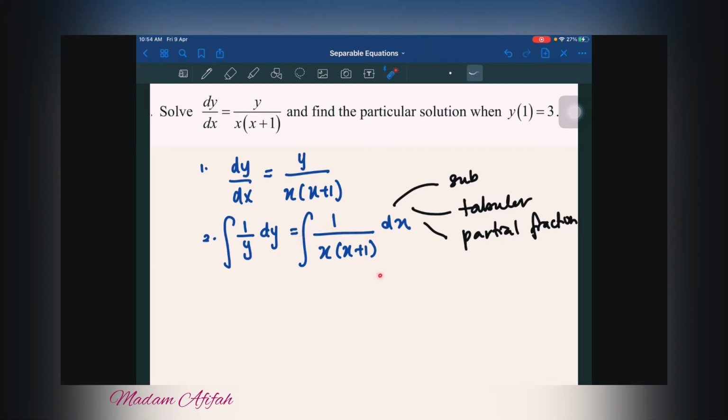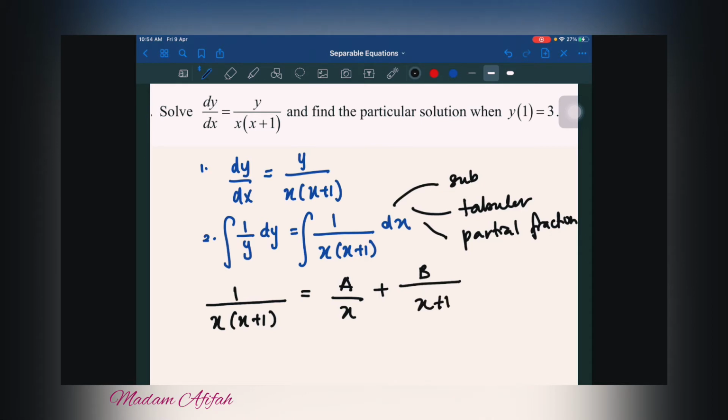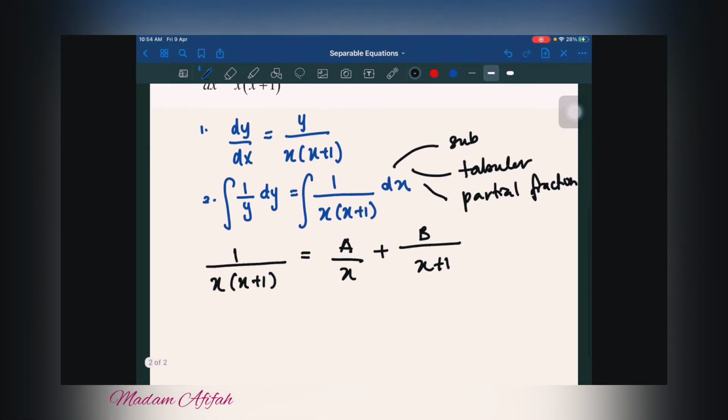So you can write the partial fraction as a over x plus b over x plus 1. You will have 1 over x times (x plus 1) equals a over x plus b over x plus 1. The next step is to find the values of a and b, substitute them back, and integrate this function with respect to dx.